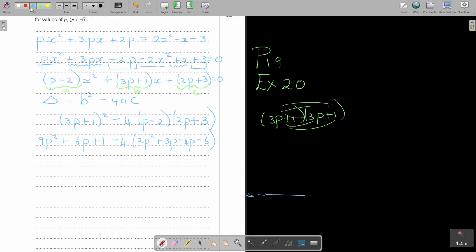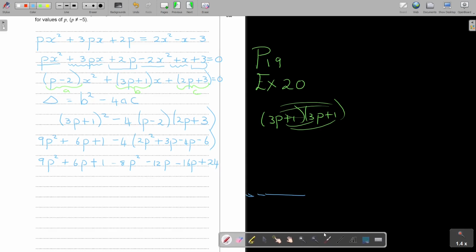So basically, if I simplify now, I must first multiply that in. So 9p squared plus 6p plus 1 minus 8p squared minus 12, I could have first simplified that, minus 16p plus 24. So just make sure you are working it out correctly.